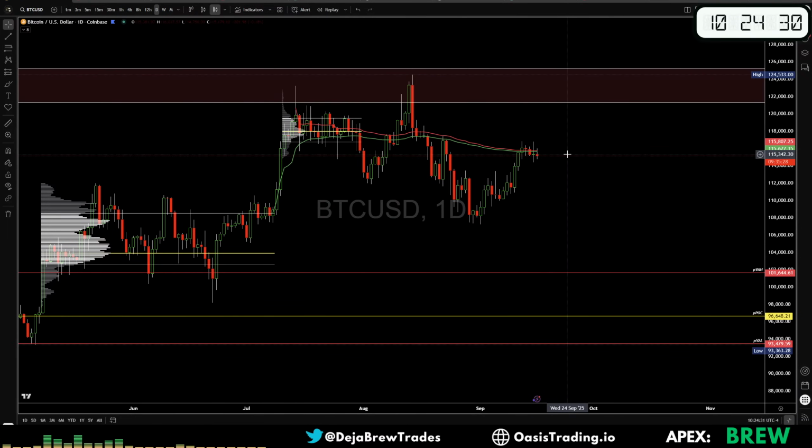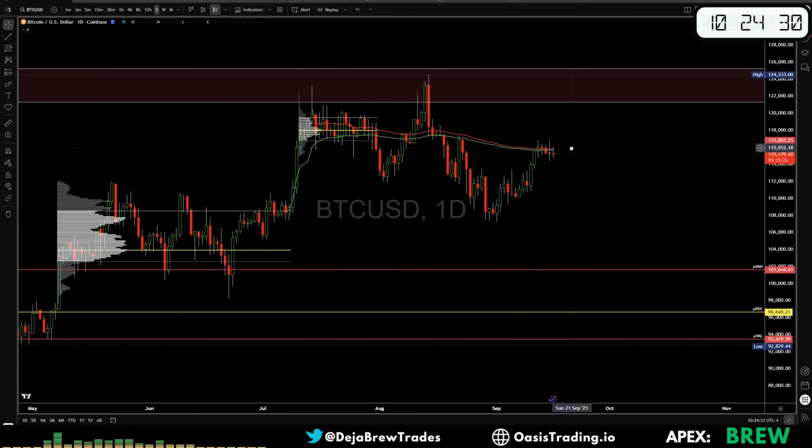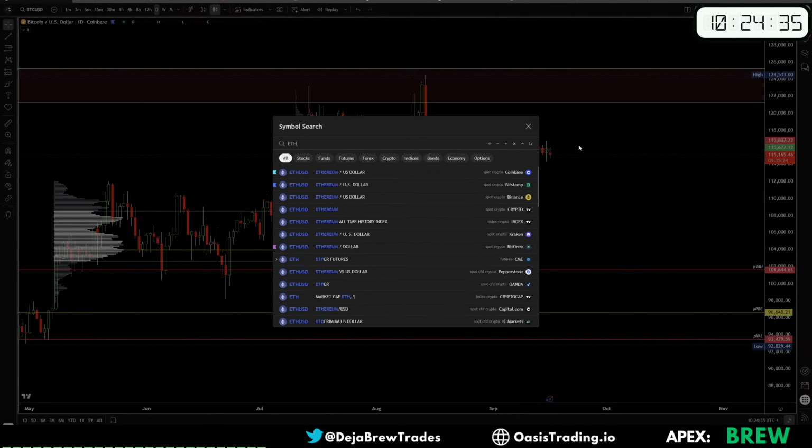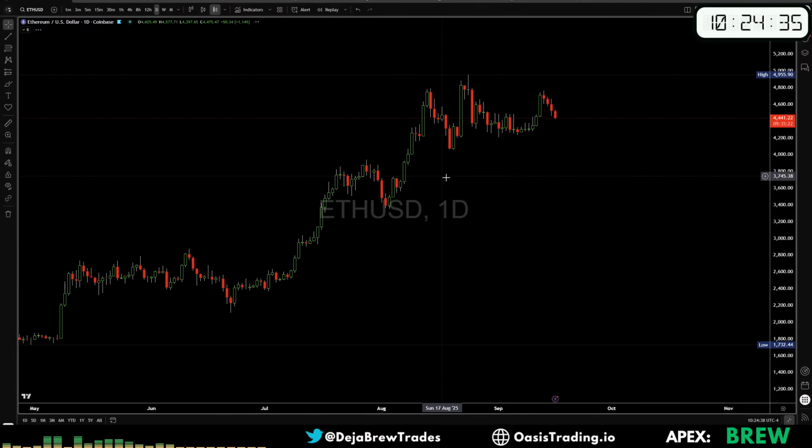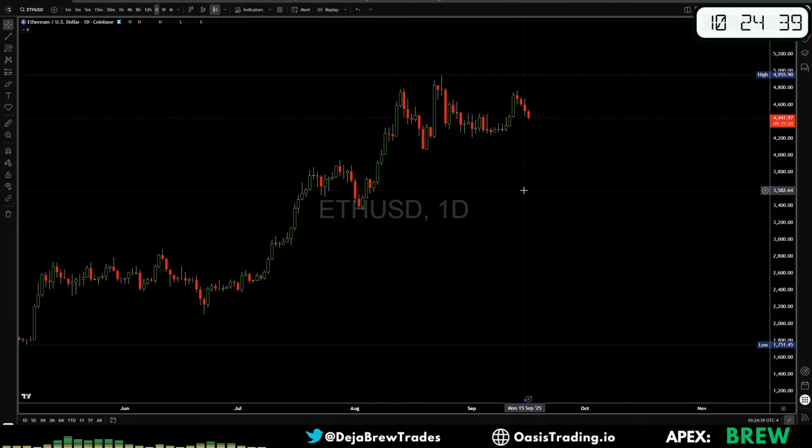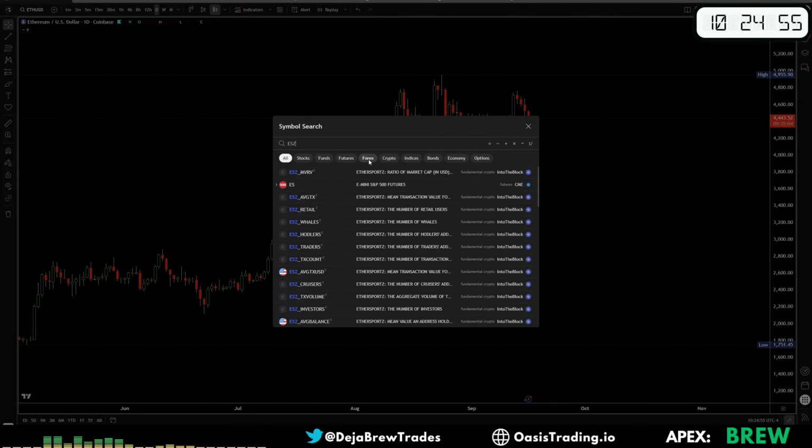So it's not really doing anything right now. It's just kind of stuck in the middle of value. Ethereum was looking a lot stronger. But it is starting to get a little scary on Ethereum. Could be a cup and handle, but it really needs to bounce soon. It's starting to look like a rollover. So if it doesn't bounce away from like 43 pretty soon, it's looking pretty weak. It's in a scary place.